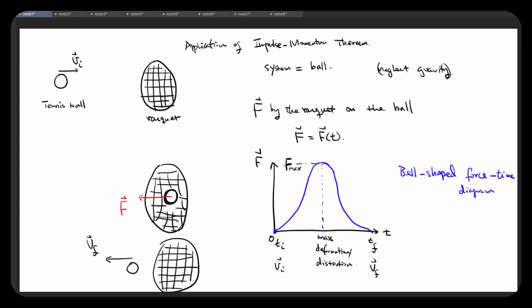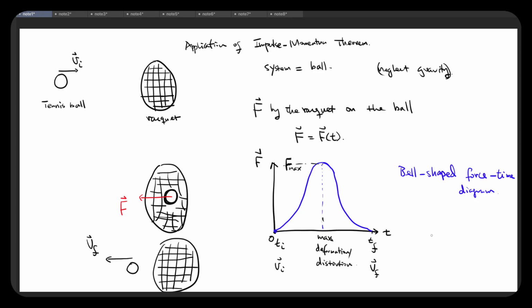So how about we think about the process here, and we do not care about the intermediate process, this force changing with time process. Instead, we think about the initial and final momentum, and if we can figure that out, then we can say we solve the problem.